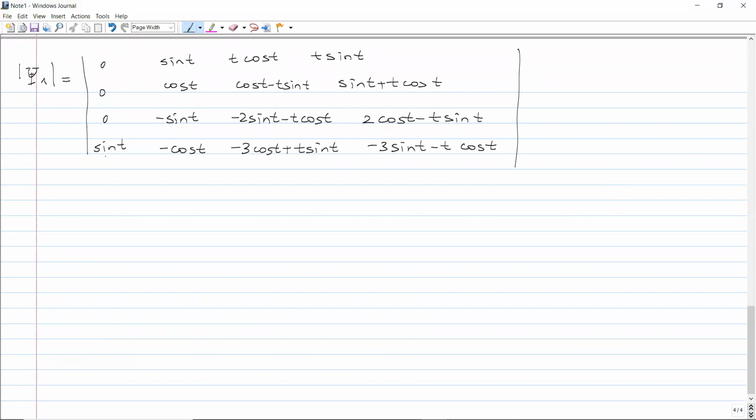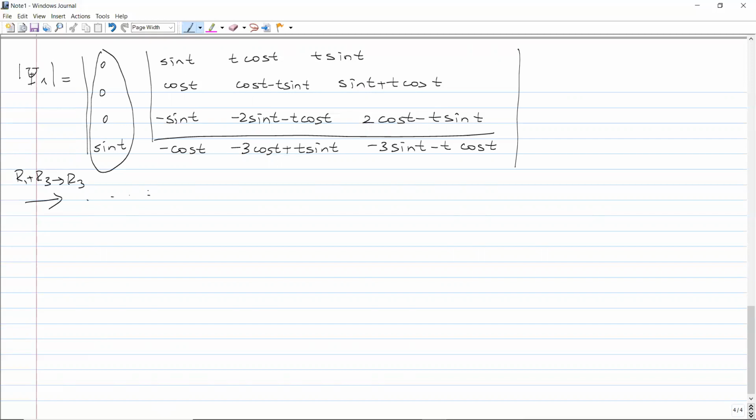So in the first column, we have only one non-zero entry, sine t. So we are going to multiply sine t with this 3 by 3 determinant. And to simplify this 3 by 3 determinant, again, I add the first row to the third row to simplify it.